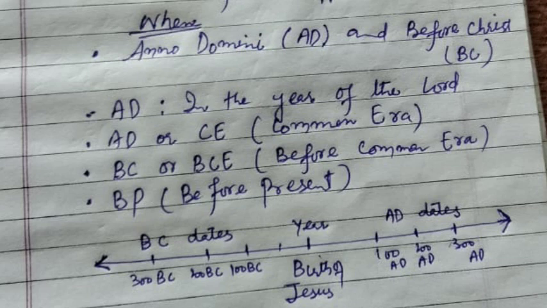So we say Common Era or before the Common Era. Sometimes the term BP is also used, which means before present. These are some of the common terms that we use when we talk about the topic when.